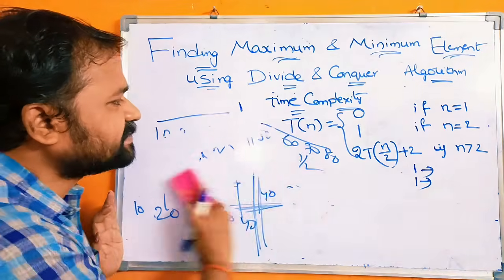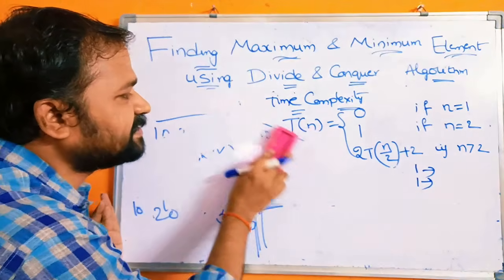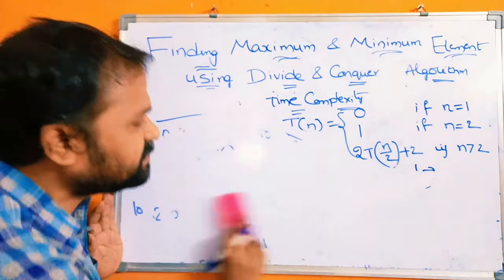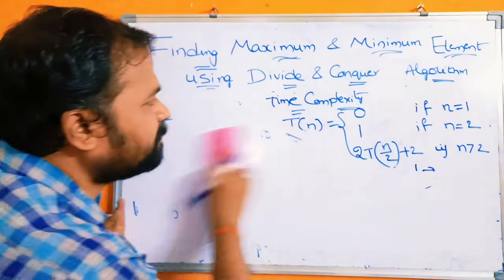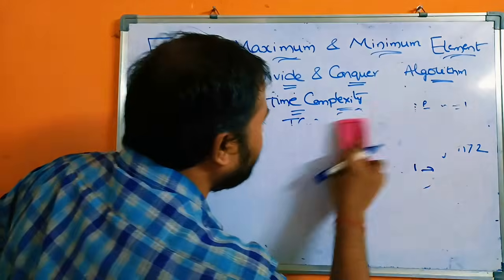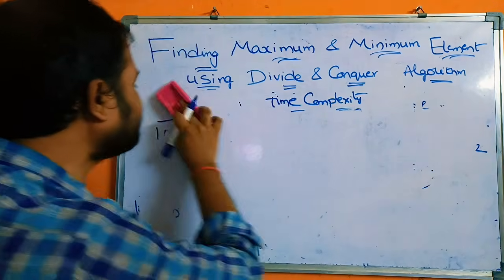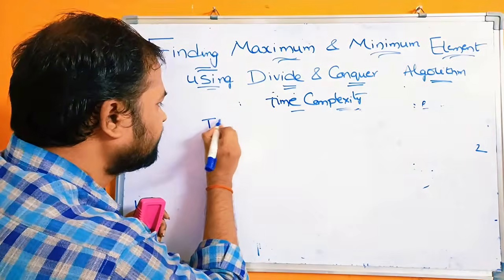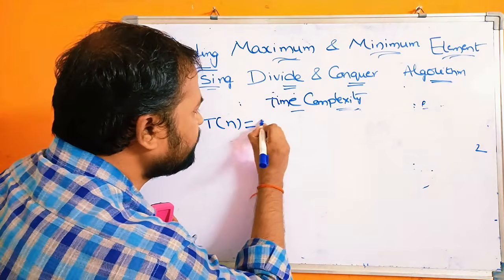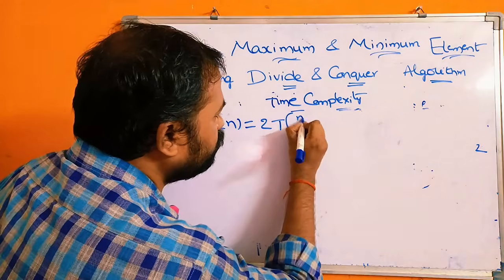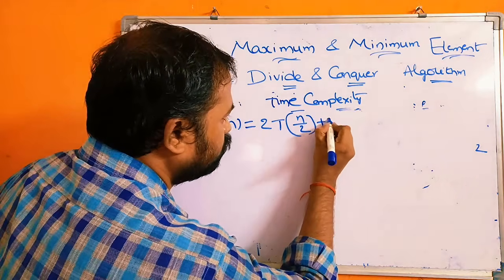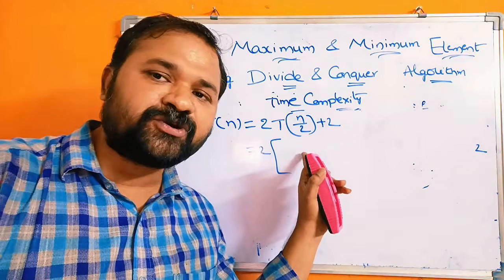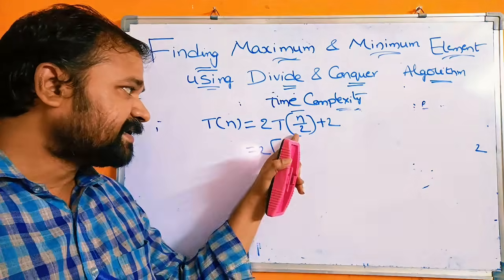Now let us calculate the time complexity based on this recurrence relation, 2T of n by 2 plus 2. So T of n is equal to 2T of n by 2 plus 2, which is equal to 2 into, here we can substitute the T of n by 2 formula.